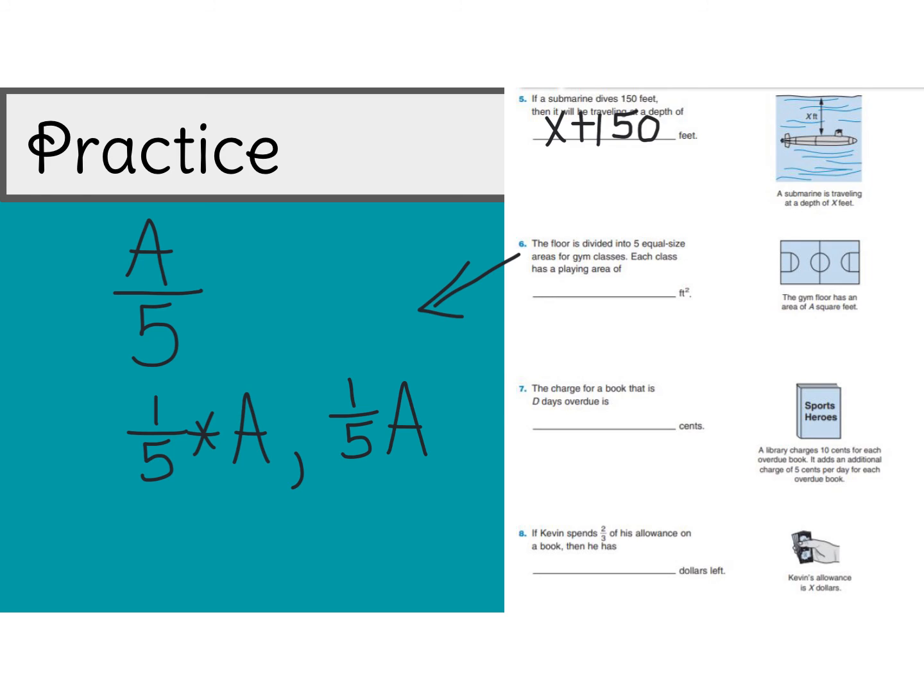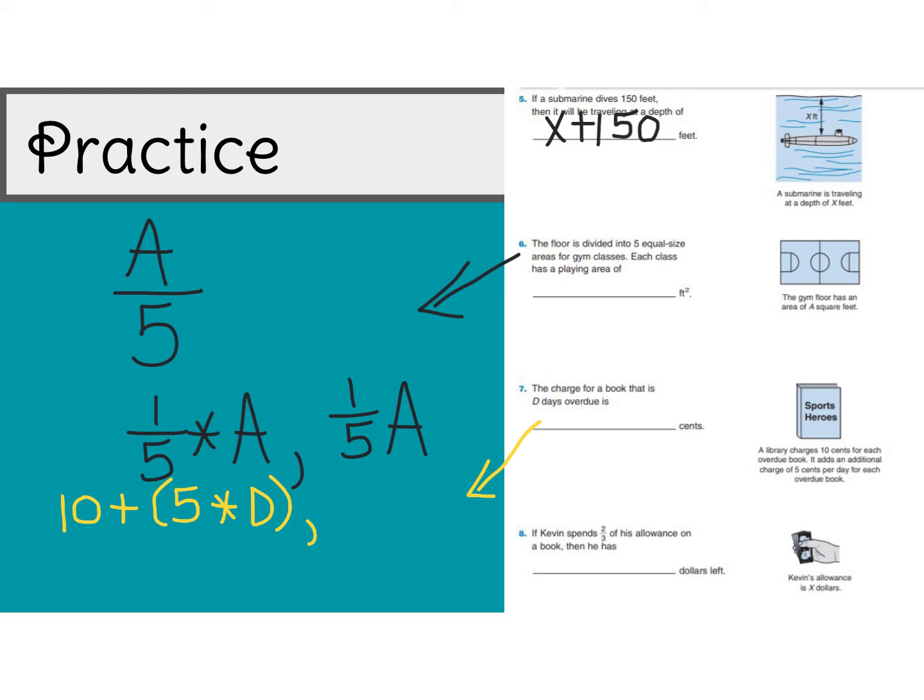So let's take a look at what that one might look like. I'll put that one in a different color so you can see it easier. We could do 10 plus, in parentheses, 5 times letter D. This is one way that we could do it.